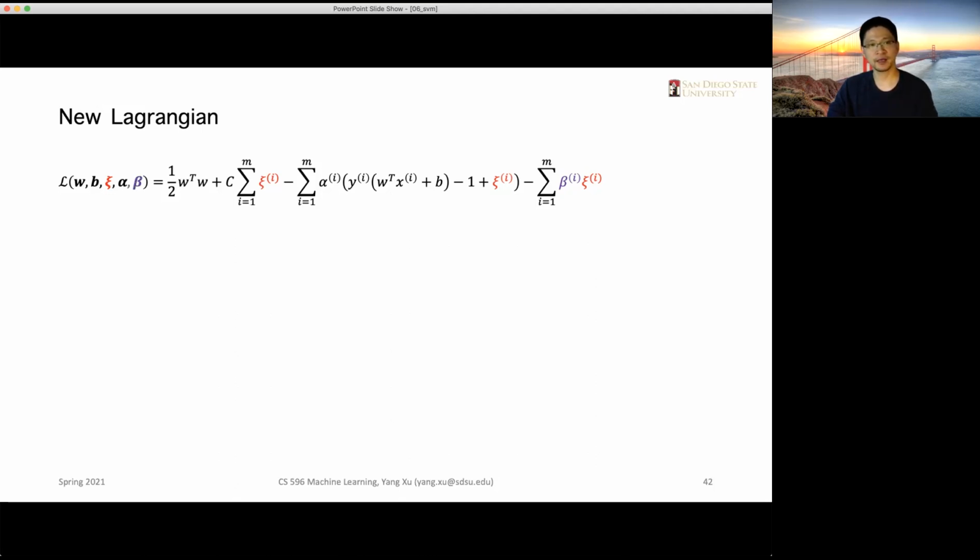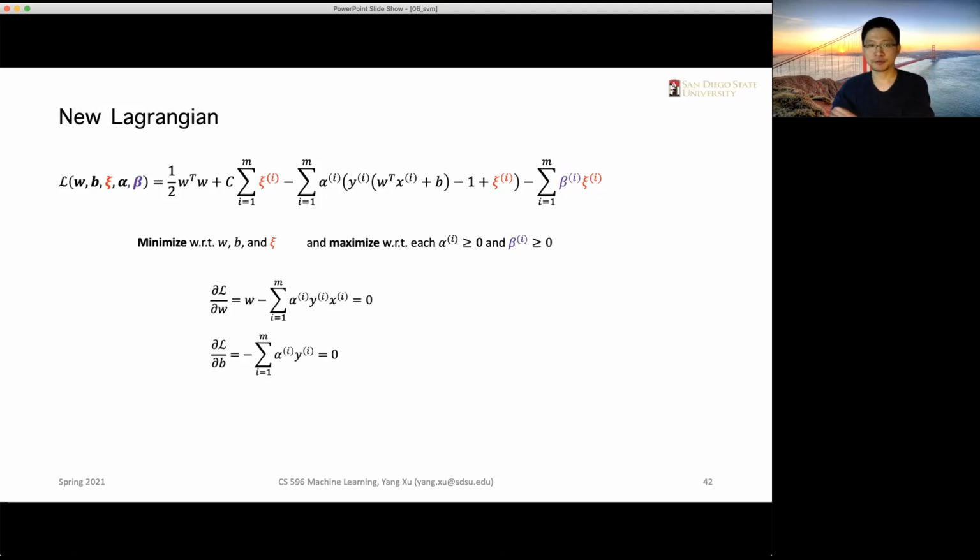So now we have this more complex Lagrangian with respect to W, B, psi, alpha, and beta. But what we need to do is the same thing. It's a duality problem. We need to first minimize with respect to W, B, and psi, but maximize with respect to alpha and beta.